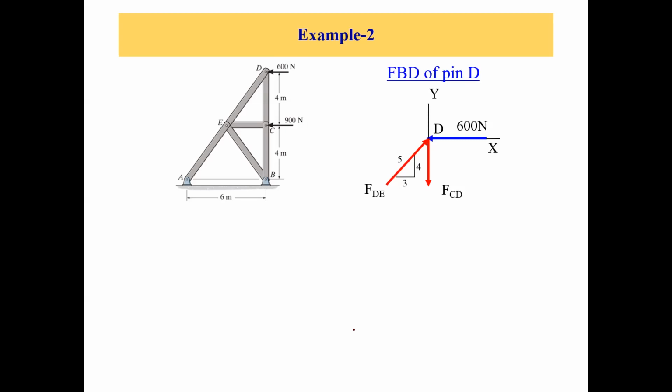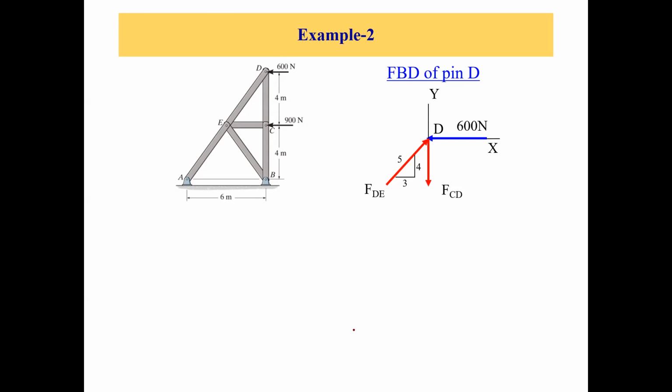All these conditions are fulfilled, but we have an external load at joint C, 900 newtons. So that's why CE is not a zero force member. We need to make sure that all the conditions are fulfilled to make any member a zero force member.